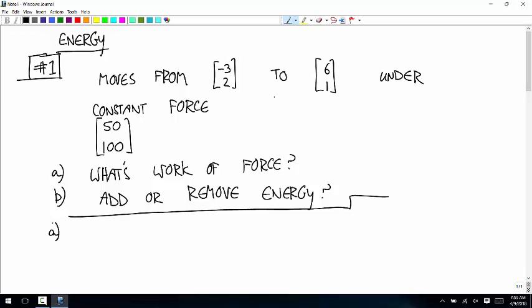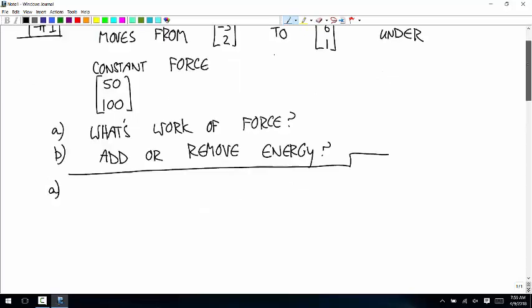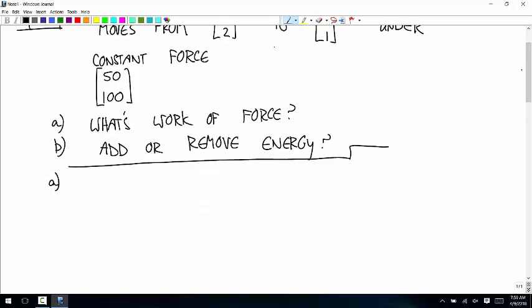Okay, so how are we going to calculate this? Well, anytime we have to calculate the work, we're hoping we're not going to have to do that line integral thing. And in this case, we don't have to. It's a constant force. And so that means that the work is just equal to the force dotted with the displacement.